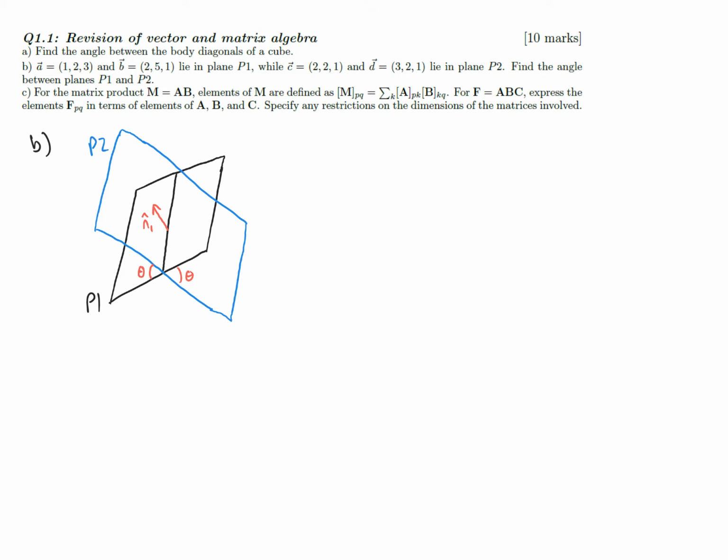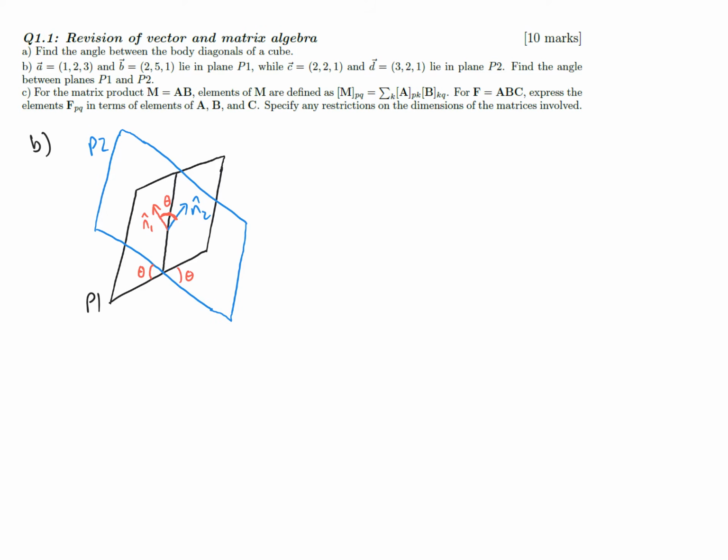And also, if I draw on the normal vector perpendicular to plane P2, I'll call it n2 hat, and this is the key to answering this question, this angle in here between these two normals is also theta. You can kind of see that it's the same angle, but if you just think about this for a little minute and think about the angles and the geometry of the configuration, you'll see that that's also the angle theta.